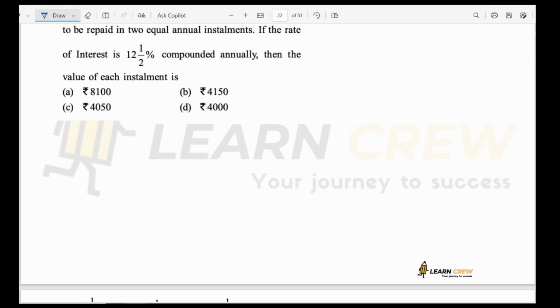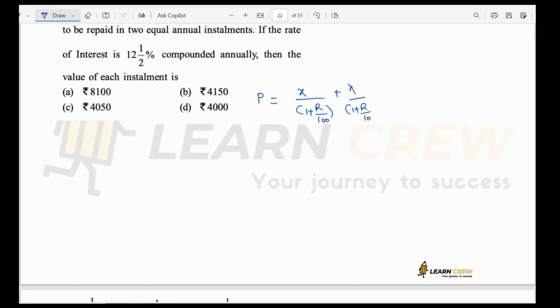In case of installments through compound interest, remember the formula: P, the loan amount, is equal to x by 1 plus r by 100 plus x by 1 plus r by 100 whole square, each installment being x.